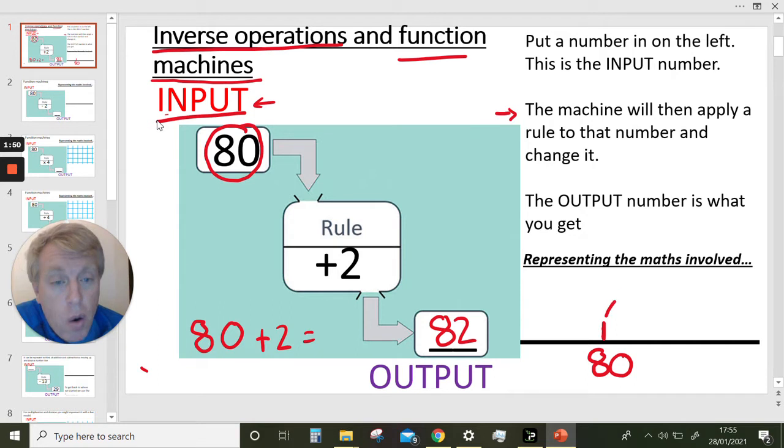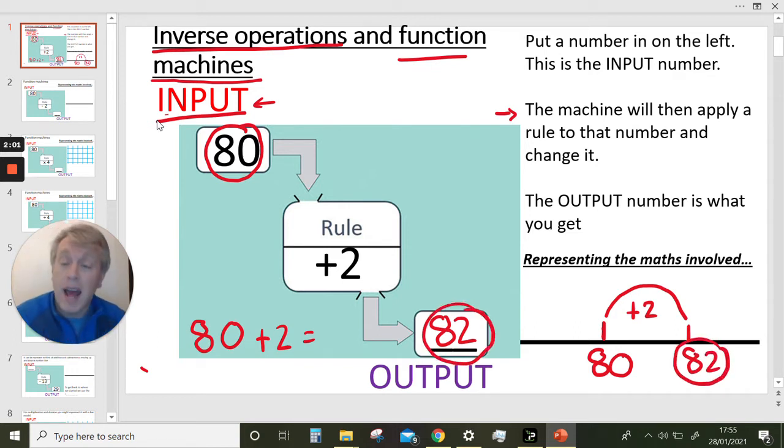Well, we're going to go up 2 on the number line, and we'll get to our answer, which is 82. Count on 2. I'll put an arrow there to show we're going up the number line to get to 82.